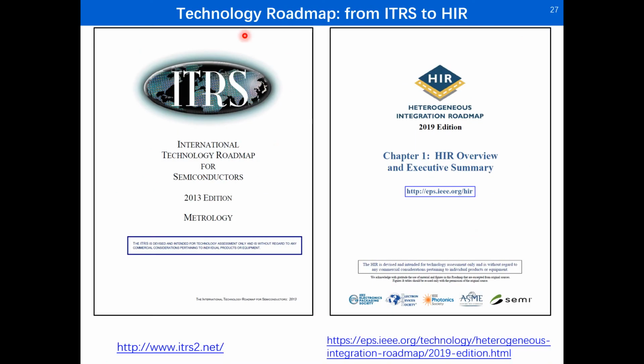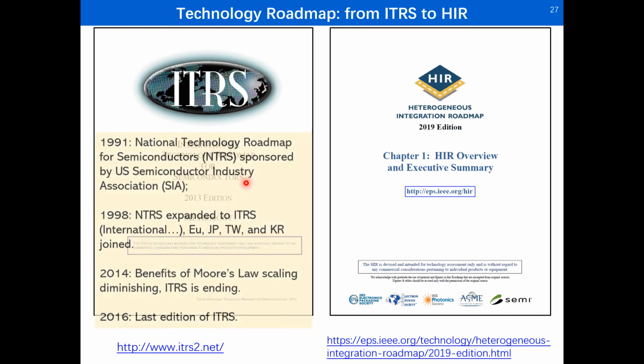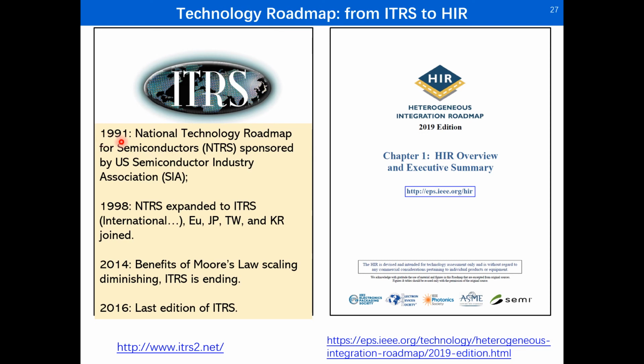Next, we're going to talk about the roadmaps for semiconductor technology. The roadmaps guide the semiconductor industry development. It used to be ITRS, now it has changed to HIR, the Heterogeneous Integration Roadmap. In 1991, the National Technology Roadmap for Semiconductors was sponsored by the U.S. Semiconductor Industry Association.